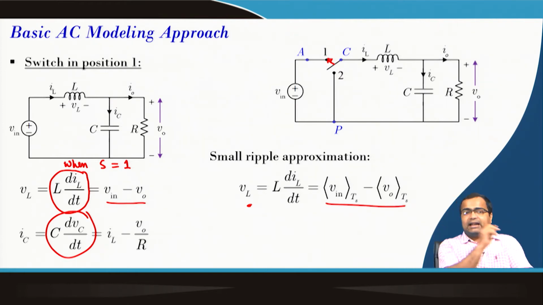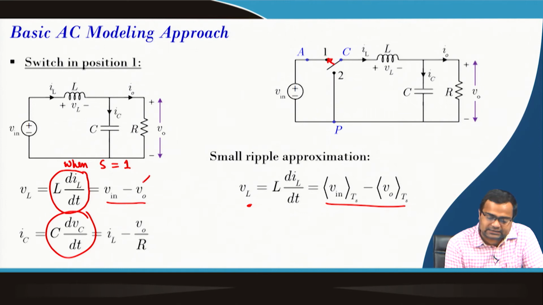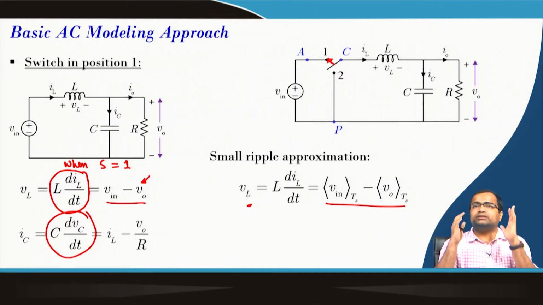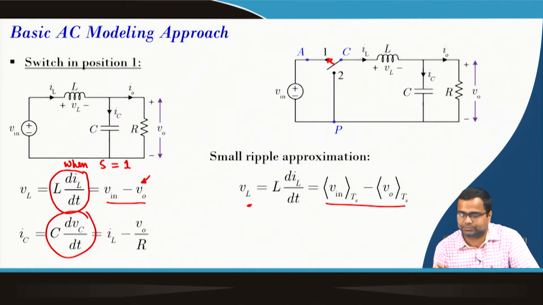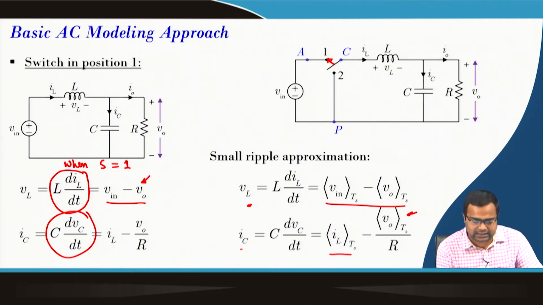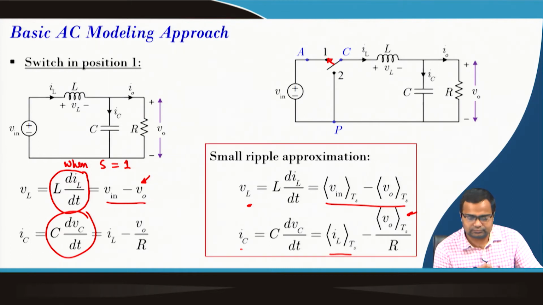Here the assumption is that the instantaneous output voltage consists of both average as well as ripple information, but here we are only considering the average quantity, ignoring the ripple quantity. So, ripple is approximated to be very small. Similarly, the capacitor current also we can use in terms of its average quantity. That means the instantaneous output voltage and the instantaneous inductor current are replaced by their average quantities. So, this is the small ripple approximation.